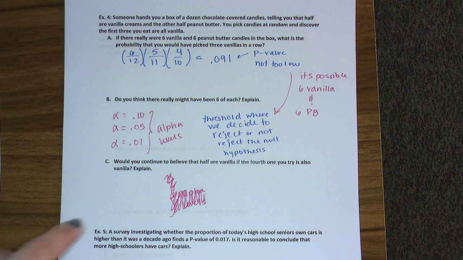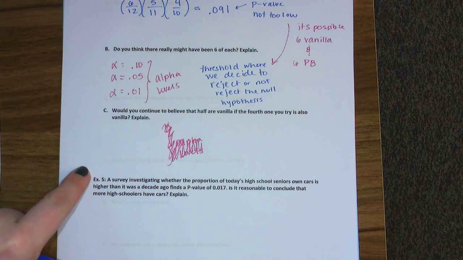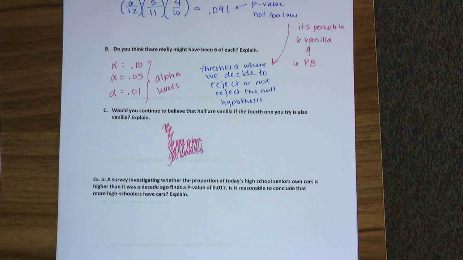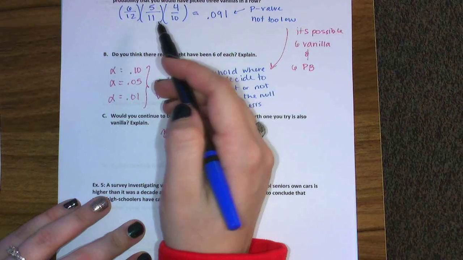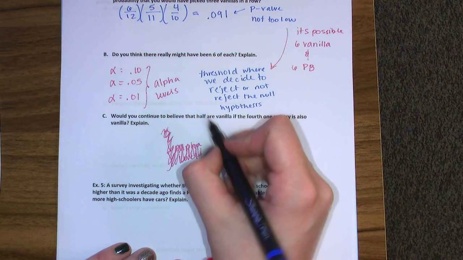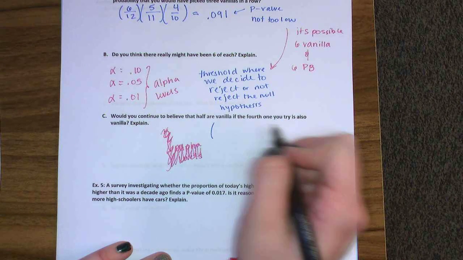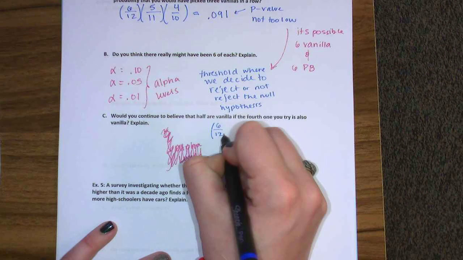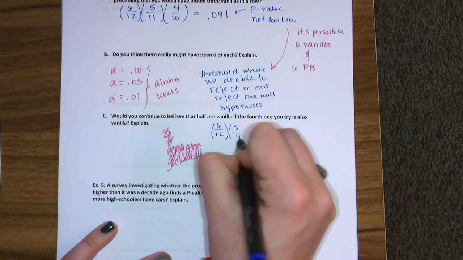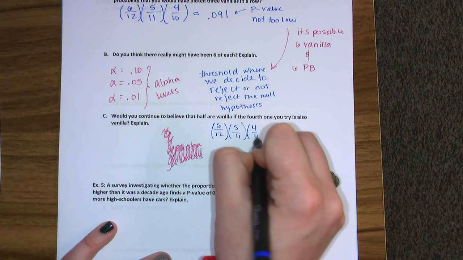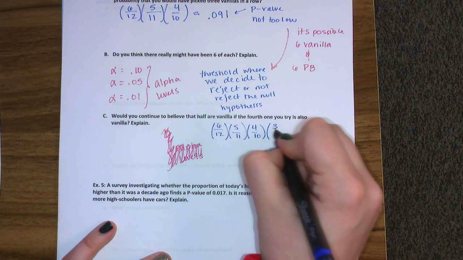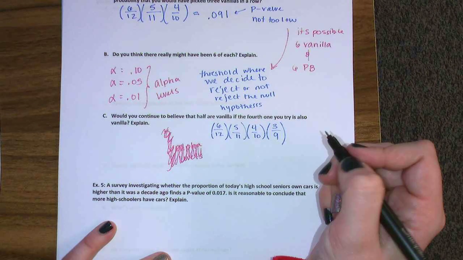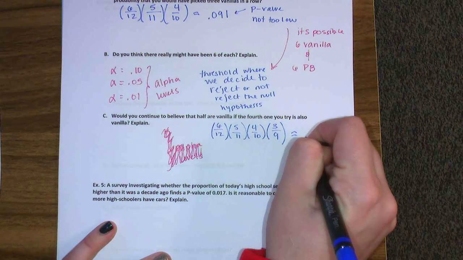So then for the next part, would you continue to believe that half are vanilla if the fourth one you try is also vanilla? So that means that we're going to take the probability we found up here, and look at if the fourth one was a vanilla. So we had 6 out of 12, 5 out of 11, 4 out of 10, and then now 3 out of 9. And now we're at 0.03.